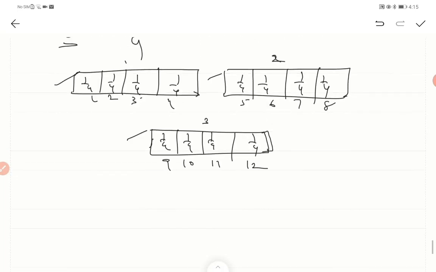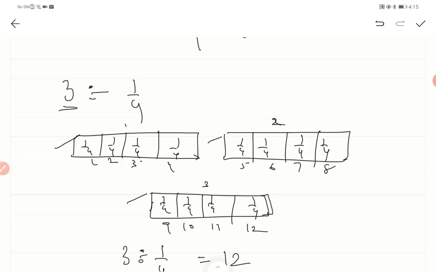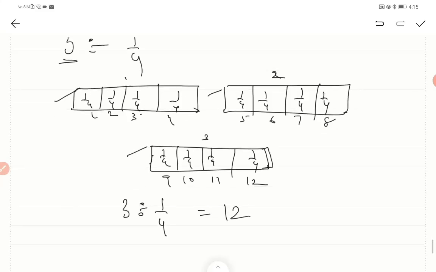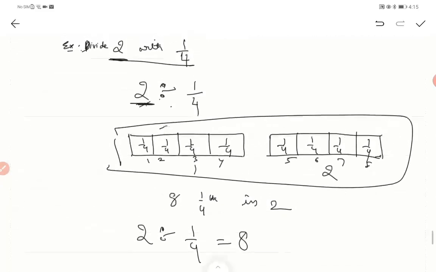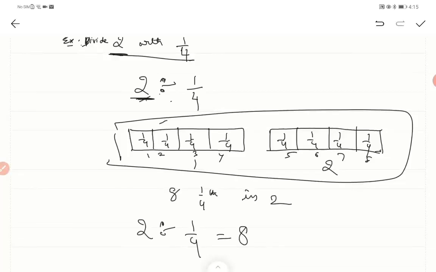That means 3 divided by 1 by 4 is equal to 12. This is just the pictorial representation that I'm showing, explained in terms of figures.